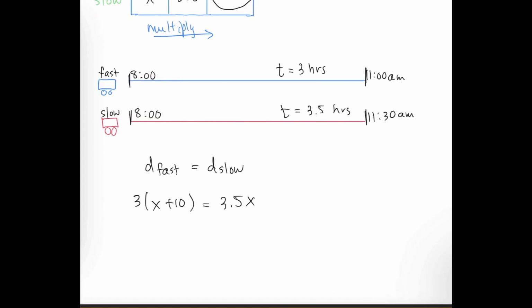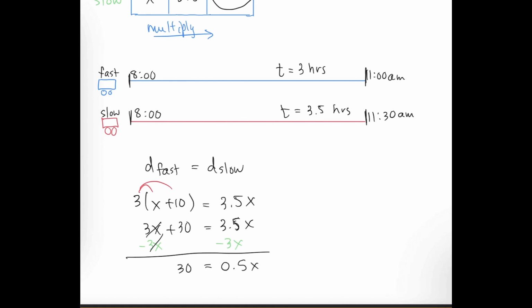We've set these two things equal to each other, and now we solve for x by distributing the 3 into the parentheses, which gives 3x plus 30 equal to 3.5x. We're going to get our variable terms to one side, so we subtract 3x from both sides. That leaves us with 30 on the left and 0.5x on the right, since 3.5 minus 3 is 0.5.